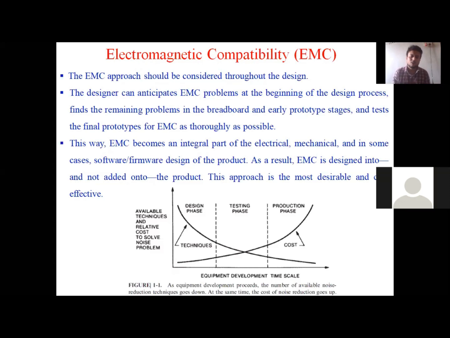So then you have to add certain shielding things in your device to reduce that electromagnetic interference, and that will add the cost and size of the device. And at that time you may not have many techniques to reduce the interference that is happening within the equipment. So it is always recommended to consider EMI in the beginning of the designing phase, not at the end of the designing.